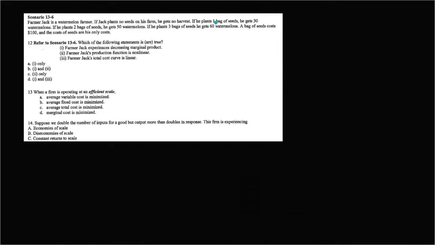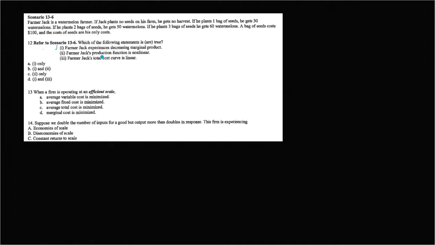If you doubled the bags, you would expect to get 60 here, but he gets 50. He gets less than the expected output. That's the idea of diminishing marginal product, and so we know that this first one is correct.